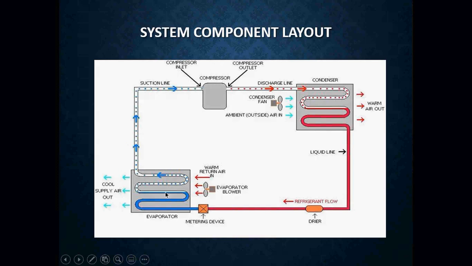So again, here is my saturation point, where my refrigerant is changing from a liquid to a vapor. As it exits my evaporator, I am 100% low pressure, low temperature, superheated vapor, traveling back through the suction line to the compressor, where that refrigeration cycle just keeps going around and around until the thermostat satisfies.